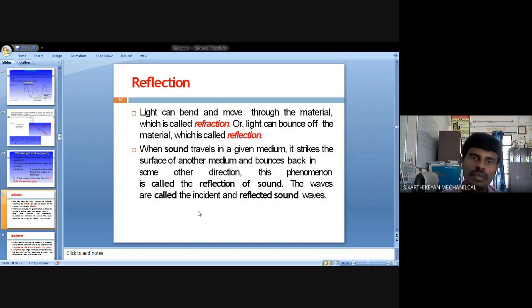When sound waves in a given medium strike the surface of another medium and bounce back in some other direction, this phenomenon is called reflection, in which the sounds are called incident and reflected sound waves.